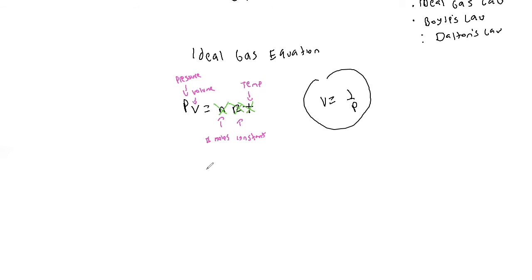And this is a very important concept with the lungs. Volume and pressure are inversely related. So that's what the ideal gas law tells us about lung function.